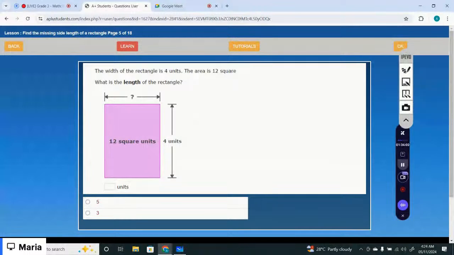Which is the correct option? The correct option is 4 times 3 is 12.